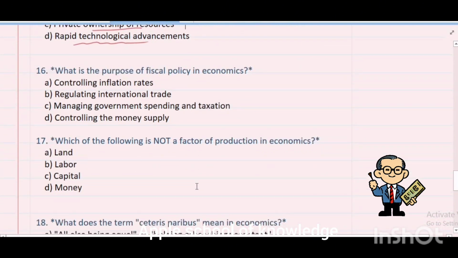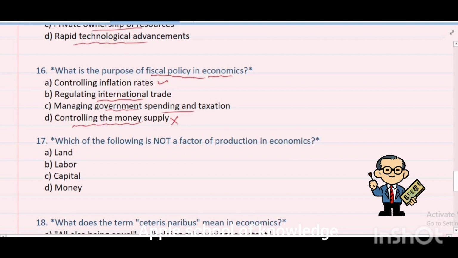Now let's move on to 16. What is the purpose of fiscal policy in the economy? Controlling the inflation rate, regulating international trade, managing government spending and taxation, controlling money supply. If you remember from the previous MCQs, controlling the money supply is the purpose of monetary policy, so that option is automatically wrong.